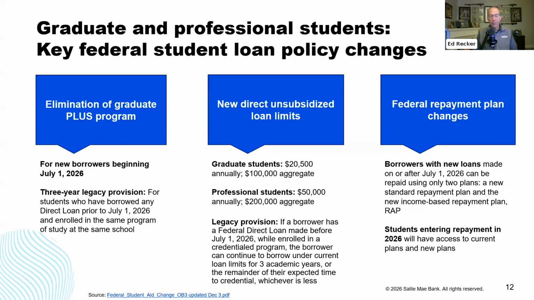So after July 1st, realistically, there's only going to be a couple of repayment options available, which would be the standard repayment plan as well as the income-based repayment plan called RAP. Again, it's financial aid. We got to have an acronym. That's just short for Repayment Assistance Plan.